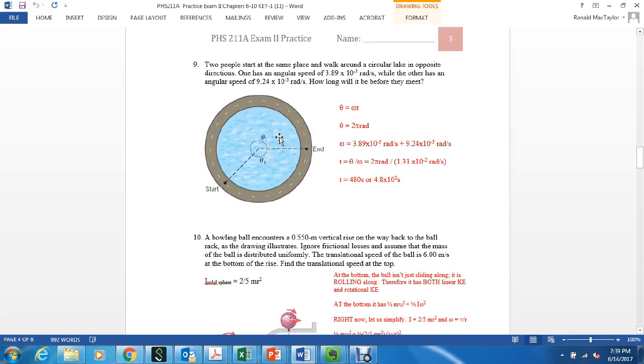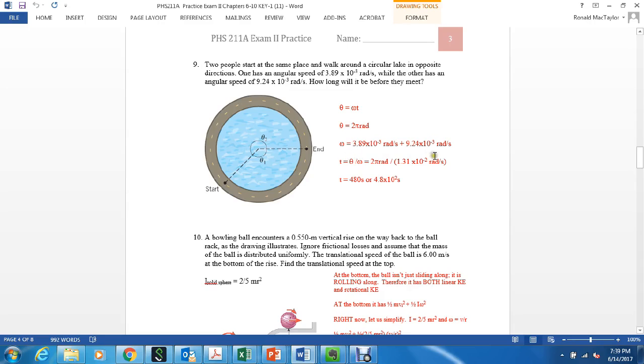2 people start in the same place and walk around a circle, a round man-made lake or something. Here's the deal. Between the 2 of them, they want to encompass the whole thing. So they're going to head off in opposite directions, and together they need to cover a distance of 2 pi radians.